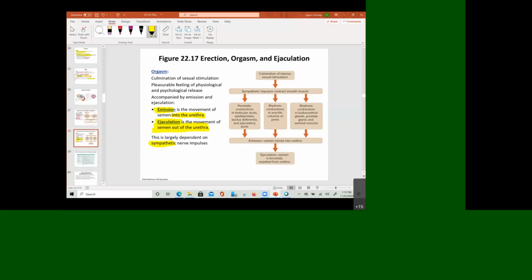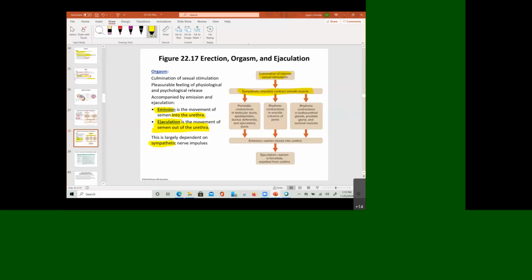Okay, so here, let's go over this. We have culmination of intense sexual stimulation. This will activate the sympathetic nervous system that causes contraction of smooth muscles, leading to peristaltic contractions inside the testicular ducts and even the epididymis, all the ducts.